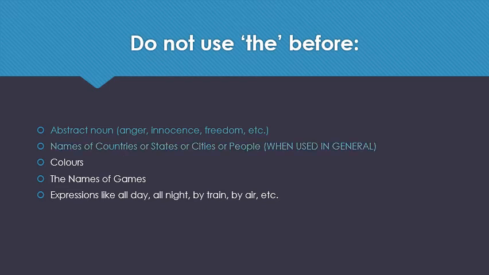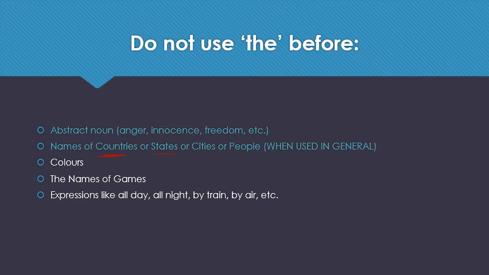Names of countries or states or cities or people. See, when we use them in general form, there is only one exception: if it is in plural form, if it is in united form, in that case you have to use the with the countries. But in general, like India, Pakistan, Russia, China, we do not use the with them.